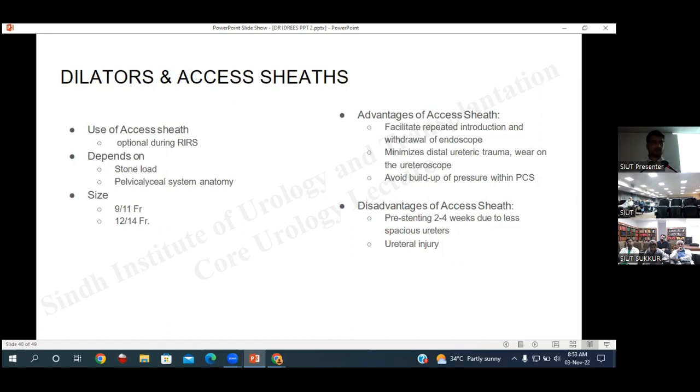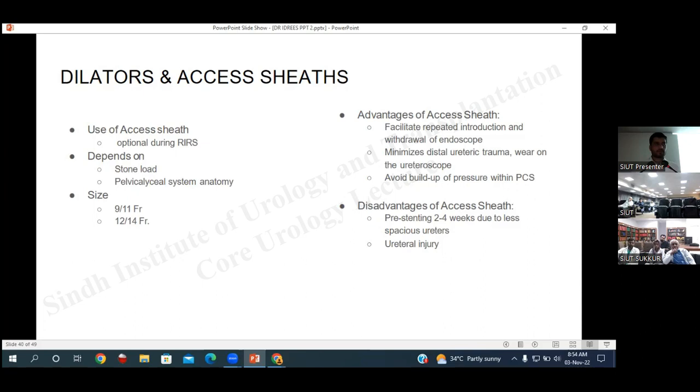So that gives an added advantage. Regarding pre-stenting, do we go for pre-stenting in every patient, or is it just case to case? Well, we usually don't place this ureteral access sheath, but a lot of people say that pre-stenting should be done. It is done 6 weeks before the procedure so that the ureter dilates and then we place it. Without prior DJ placement, it will compress the mucosa, and as Dr. Harris said, when you are doing RIRS it may take hours, so it will cause ischemic injury, and later on it will lead to stricturing of the ureter.